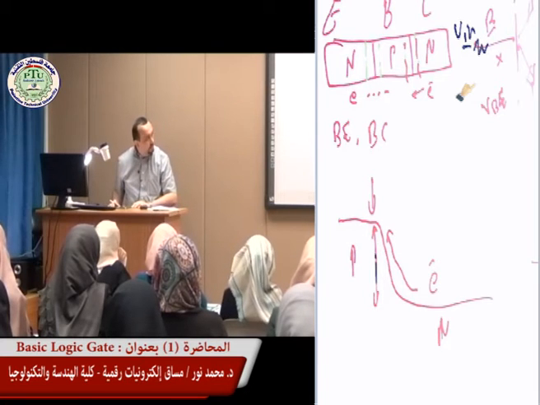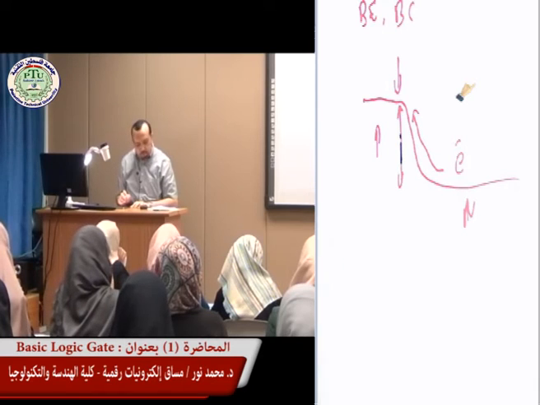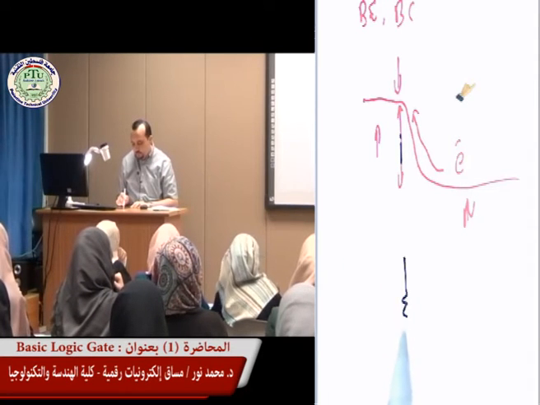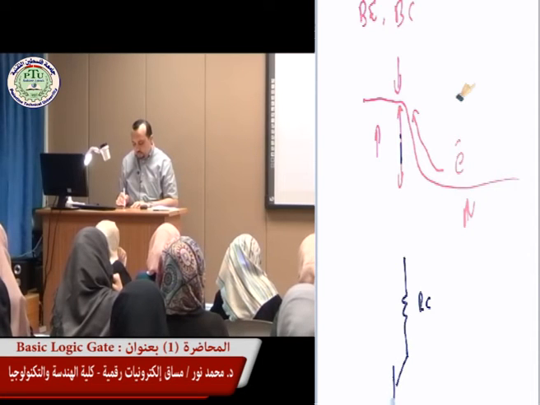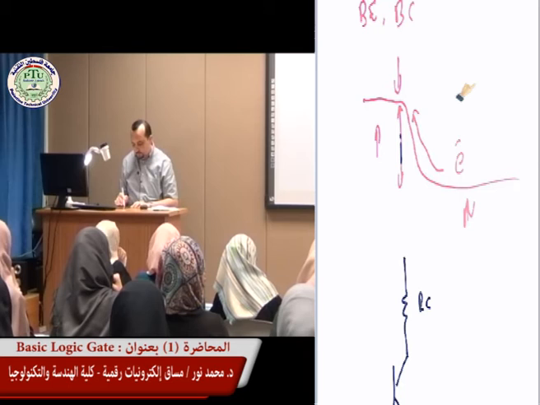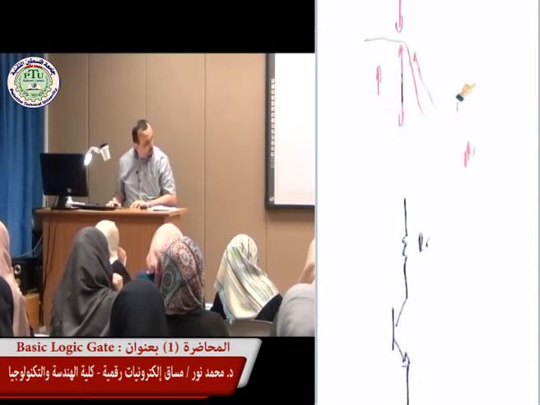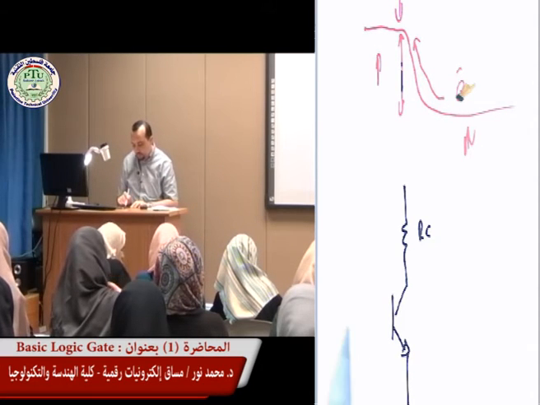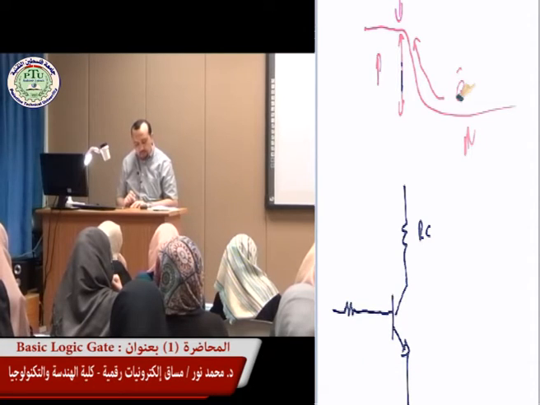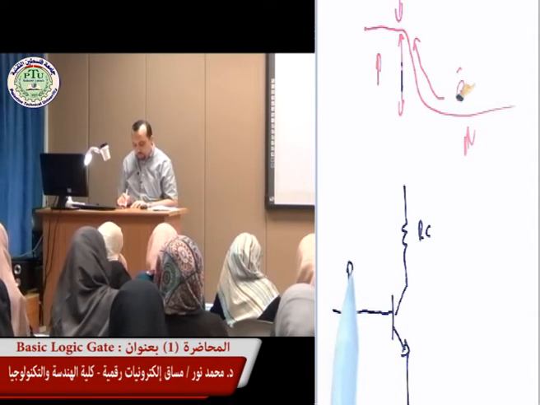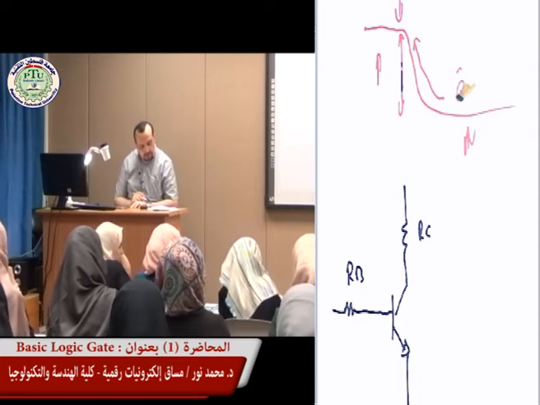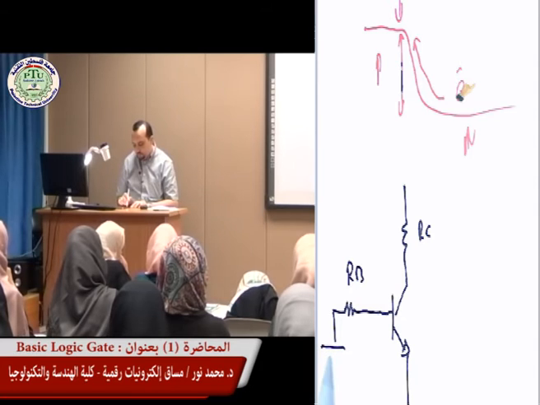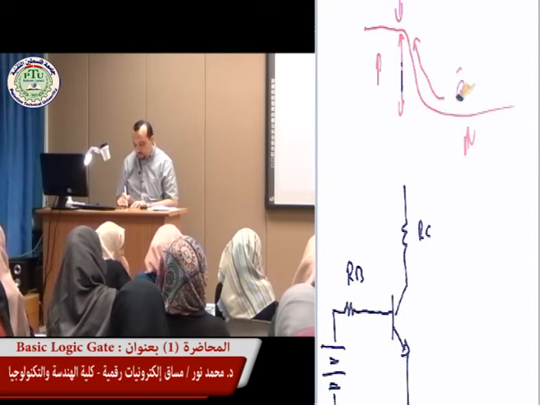Now let's take an example. Let's say we have this resistor RC, and we have this BJT, and we have a resistor at the base, which we call RB. Here it is simply connected to ground, and we have a battery here, and this is ground.